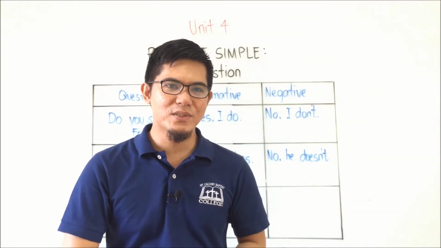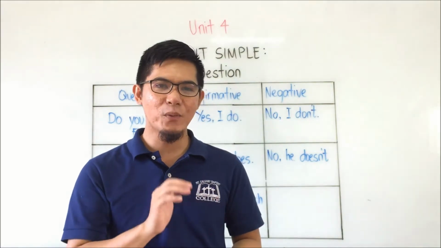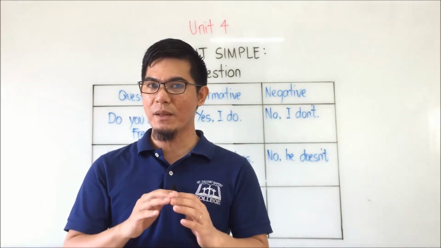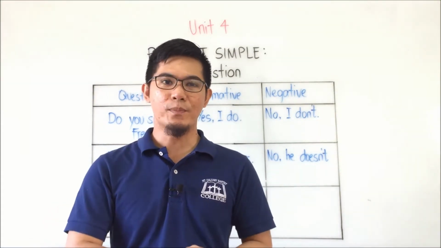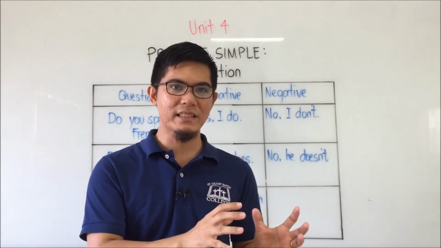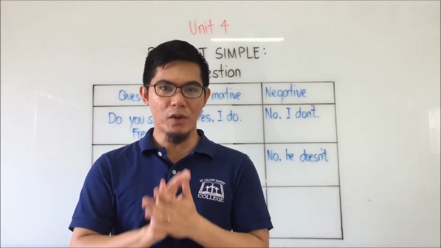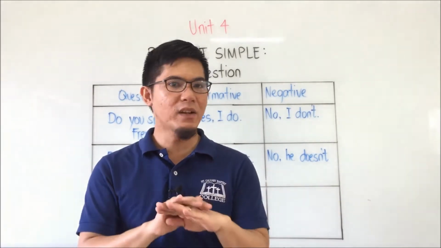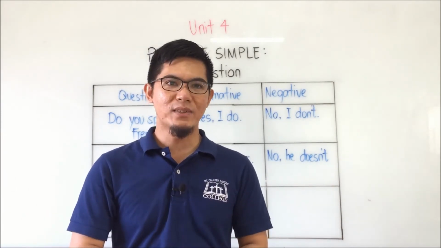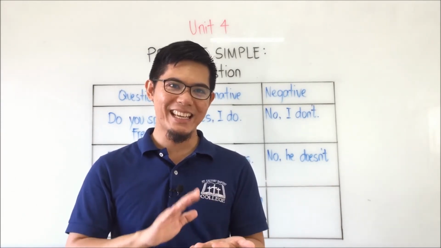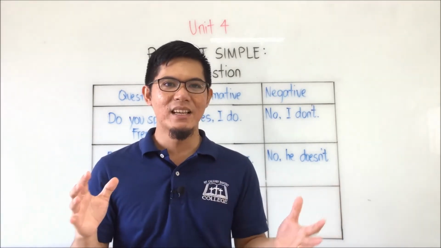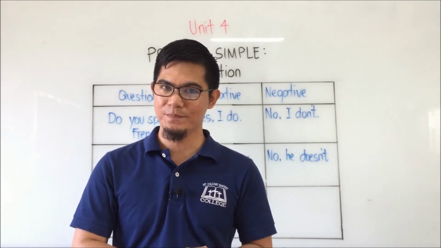For pronouns I, we, you, they, and plural subjects, we use the verb in the base form, meaning no changes with the verb. But with pronouns he, she, it, and singular subjects, we change the verb.